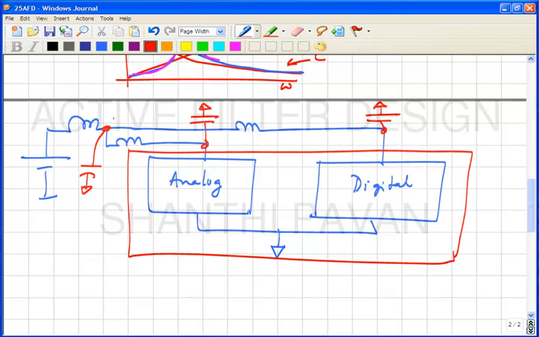Basically, this voltage is quiet. And the spiky current, please note, is coming from where? This part. Where does all that go?